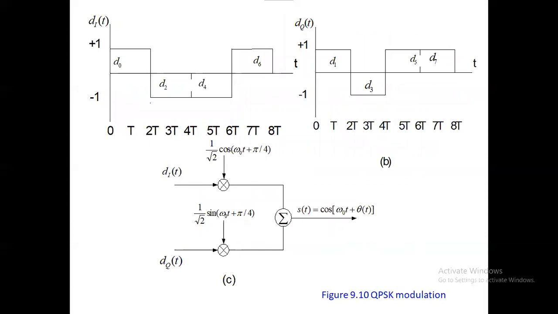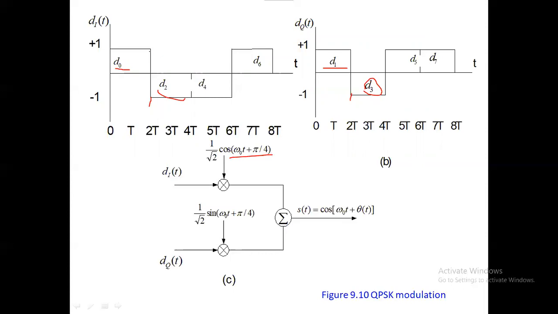The symbol duration is prolonged to 2T for both even and odd bits. So for the even and odd bits we generate this duration of 2T, and then we modulate the signal by 1 by √2 cosine omega naught t plus pi by 4.